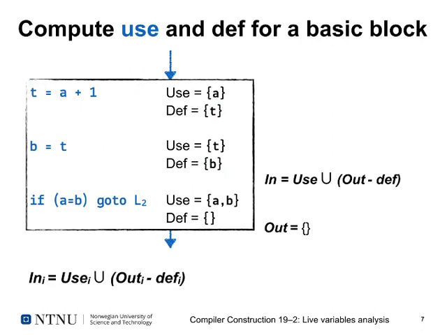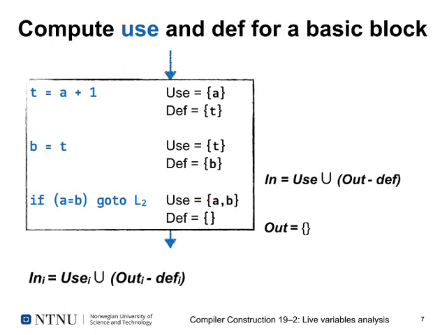Now for our analysis of the whole basic block, we start at the end of the basic block and we set our out set to the empty set, and accordingly our in set we construct according to our formula: the use joined with out minus def. Now we can replace use and def in this formula.